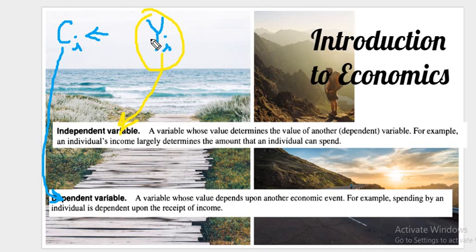This is not really dependent in this model. You must be thinking, even income is dependent on several other factors. Of course it is. But considering this model, that we are only talking about how much a person will spend, the basic parameter on which this is dependent is this, and hence it can be called an independent variable.